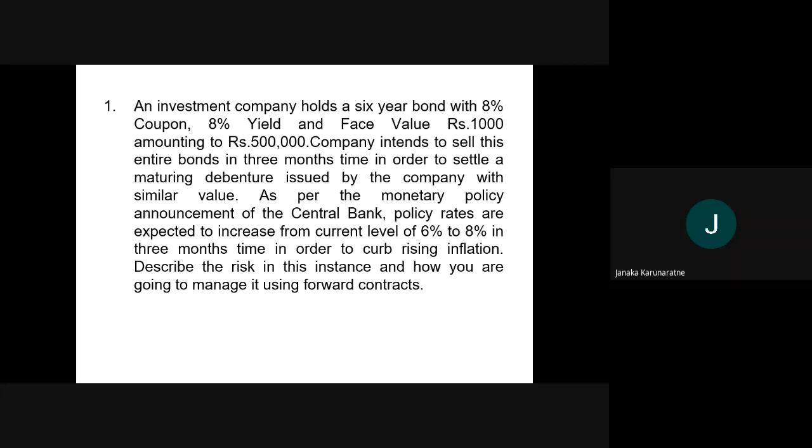So that is the risk: rising interest rate above the current interest rate of 8%. Then what do you have to do to manage the interest rate risk using a forward contract?